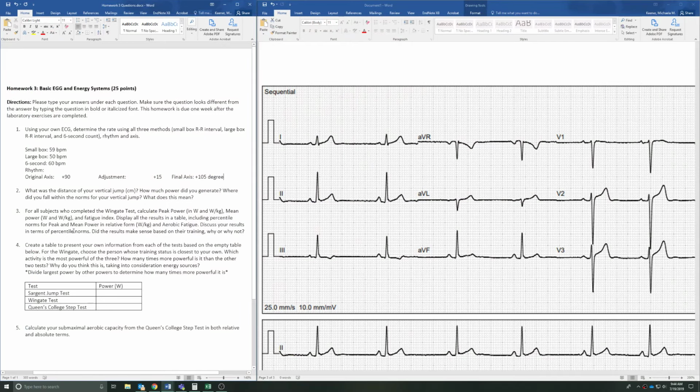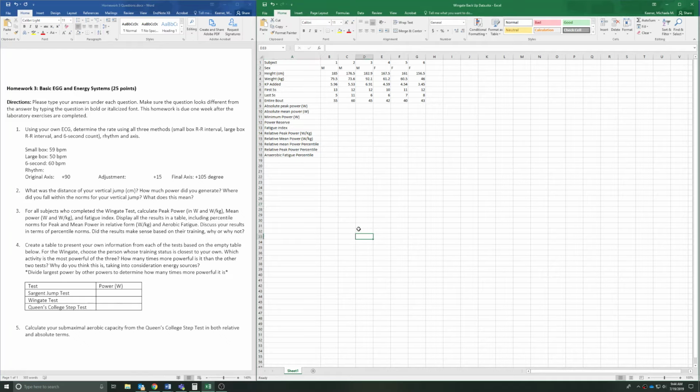Then, for all subjects who completed Wingate, you need to calculate all these things. So I've entered all the data, and the first thing we need to do is calculate peak power, absolute peak power.